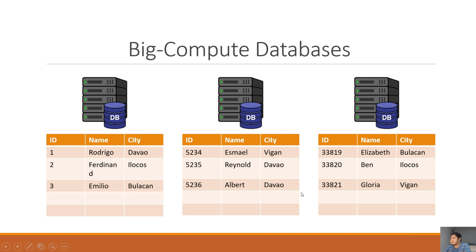So the data are scattered across these nodes, but they can still be retrieved. But again, that's the problem of big compute databases: whenever the master database fails and one of the nodes also fails, then the data is not complete.